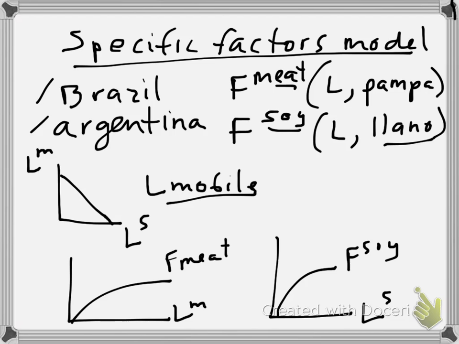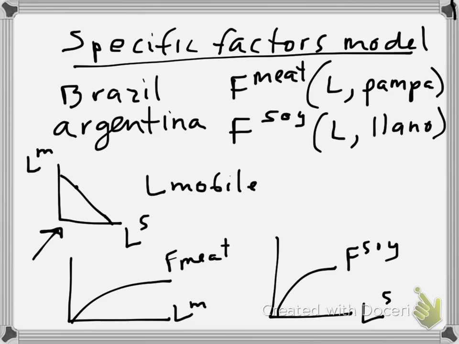So both countries have pampa and llano, but Brazil has relatively more llano, and Argentina has relatively more pampa, and they both have labor. So we won't worry about their relative amounts of labor. Labor is mobile between the two sectors, and we draw the graph here that tells us the allocation.